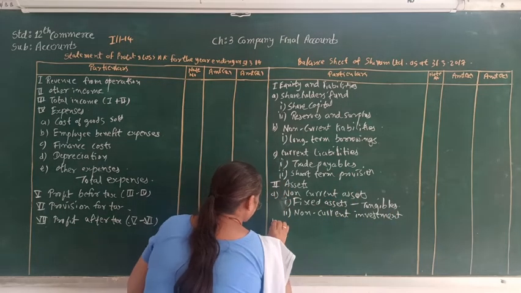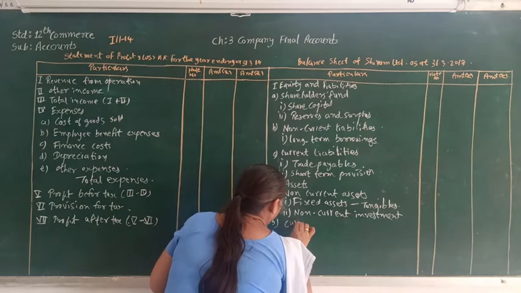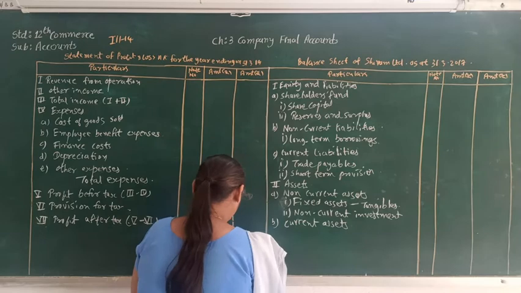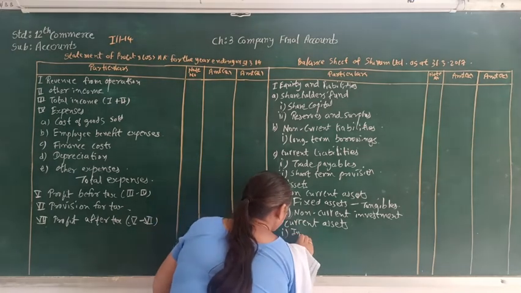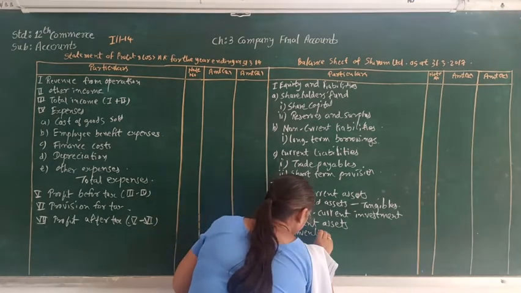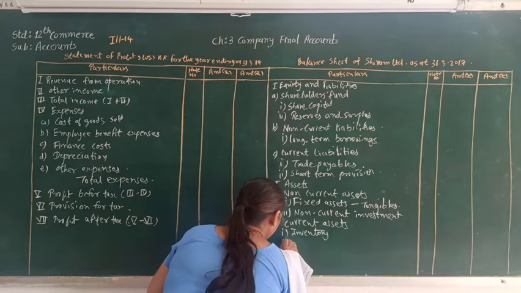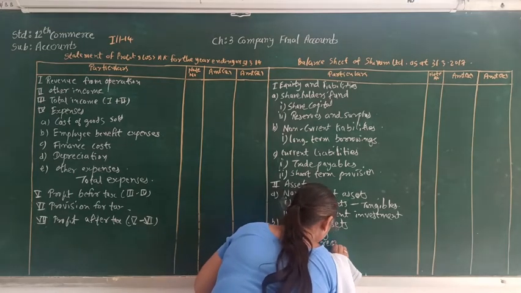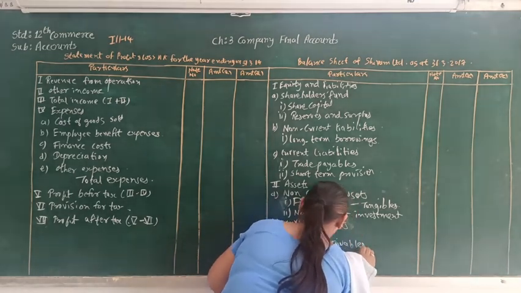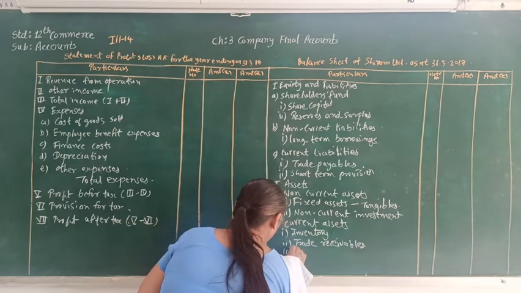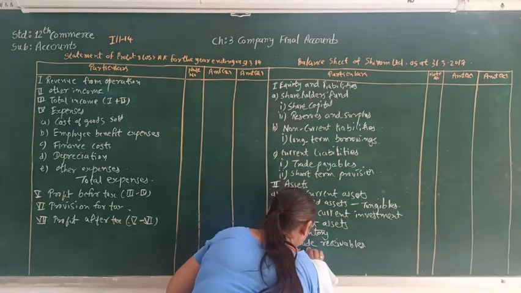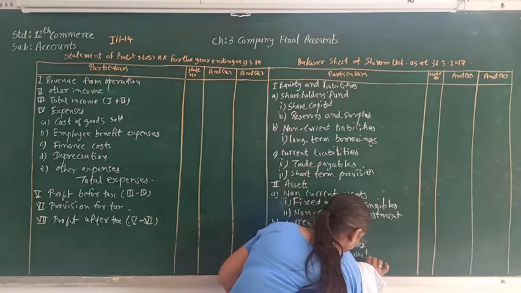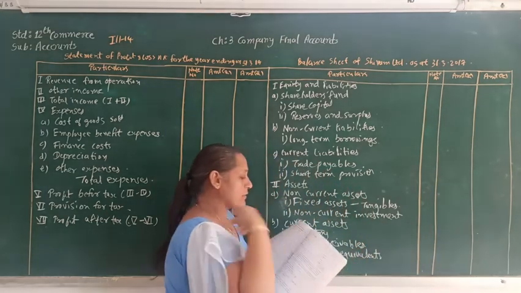Then the second heading is current asset. In that, first is inventory. The second one is trade receivable. And the third one is cash and cash equivalent. So these are the main heads.